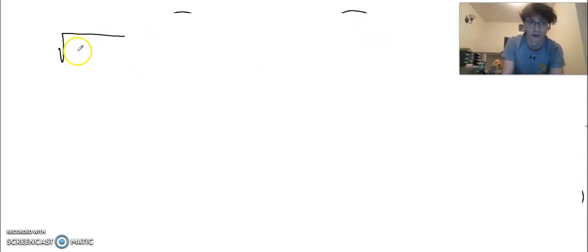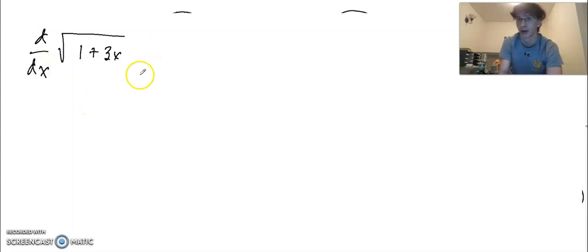Say we have a radical function, like 1 plus 3x under a square root. Well, just some algebra right here. If we want to take the derivative of it, well, we know the power rule, which is x to the n equals n x to the n minus 1.